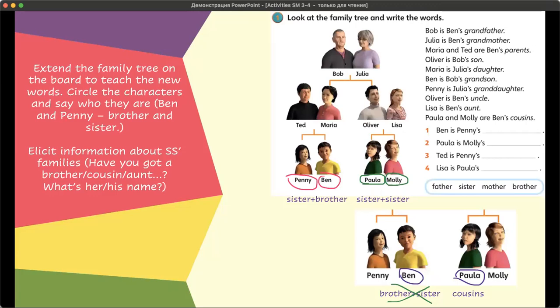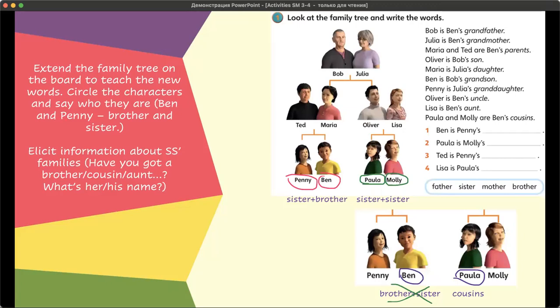Then you can circle Ben and Paula, for example, and ask students, are they brother and sister? Some of them may say yes, but actually they are not brother and sister, they are cousins. So you explain this in this way. The same you do with mother, father, aunt, uncle, grandpa, grandma.